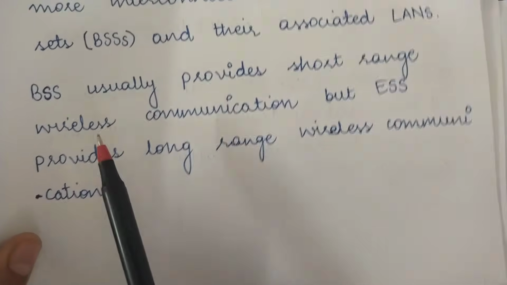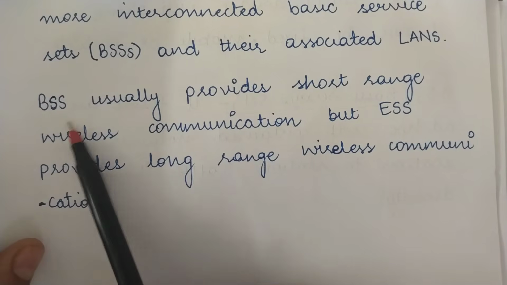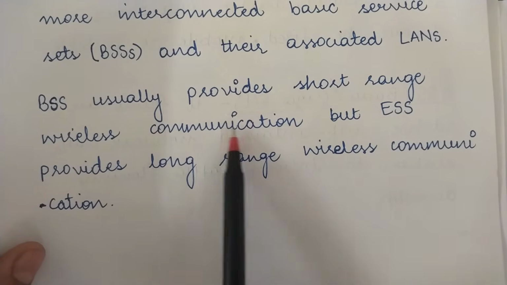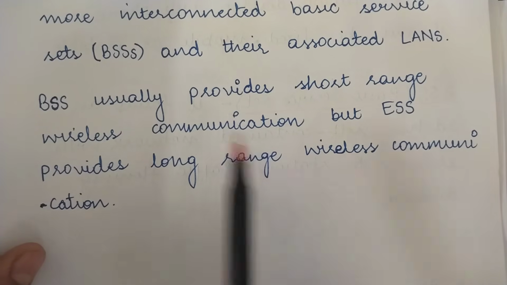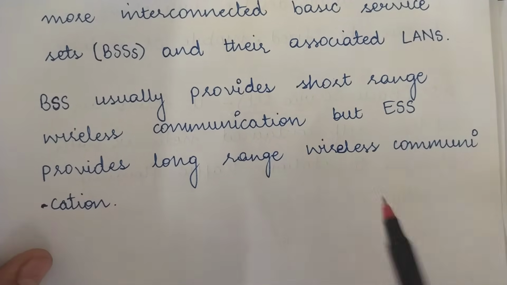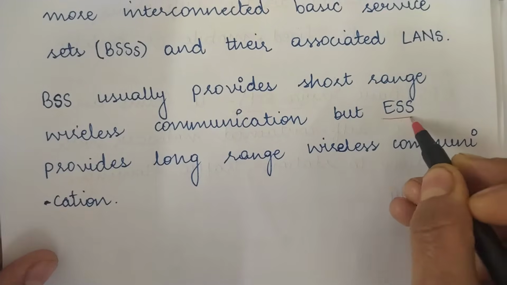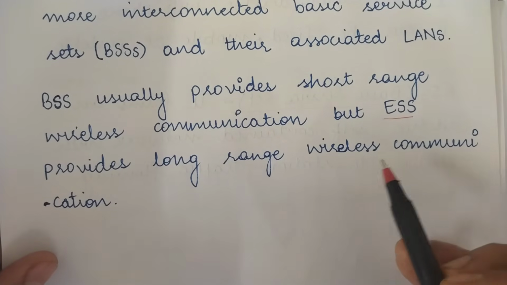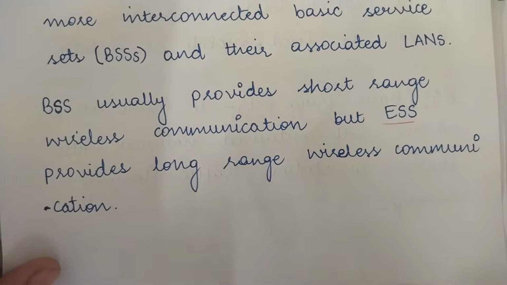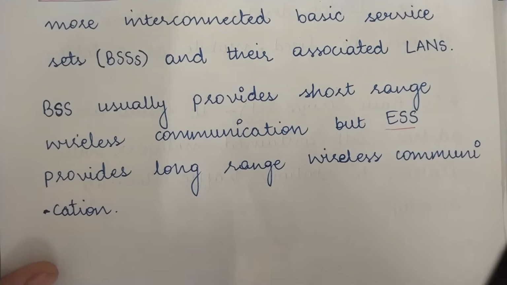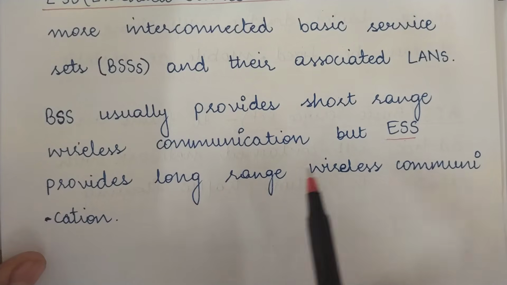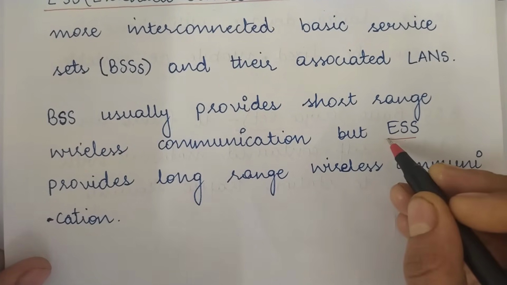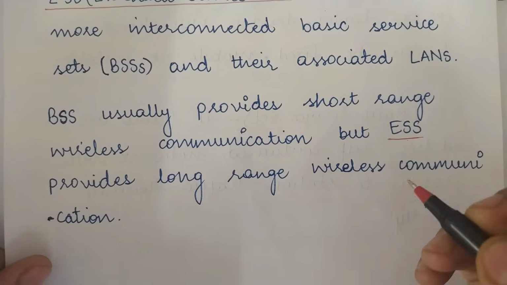Now, if we talk about the BSS, or the basic service set, it usually provides short-range wireless communication within a specific network area. But the extended service set, or the ESS, provides long-range wireless communication. That means if you want to move out of your network area, in that case, for communication, the extended service set is provided. So the name itself justifies the work that it does: extended service set.